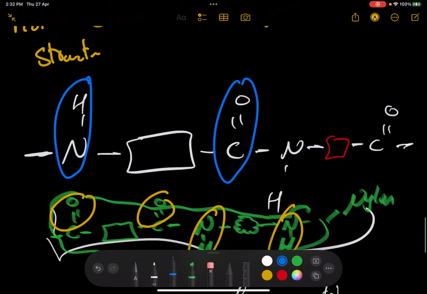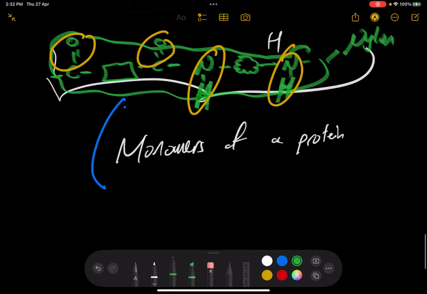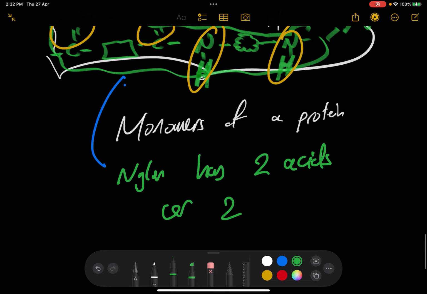So a protein monomer has one amine and one acid, but nylon has two acids or two amines. Is it amines or amides?